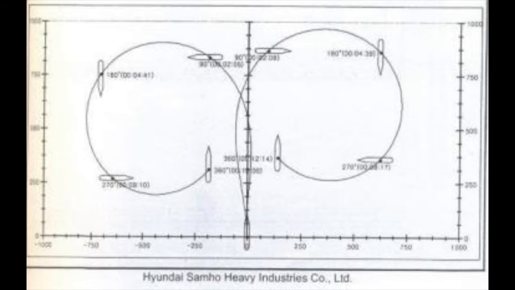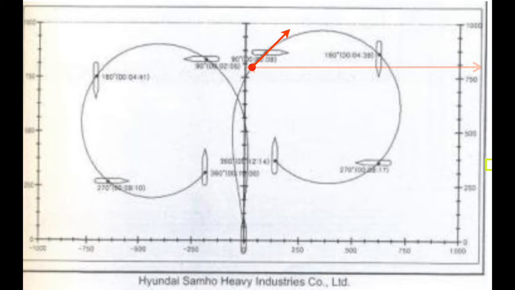So 6 minutes of running is 1 nautical mile, and 3 minutes of running is 0.5 nautical mile. That means this vessel, even if using hard starboard, needs about 3 minutes to finish the turn.